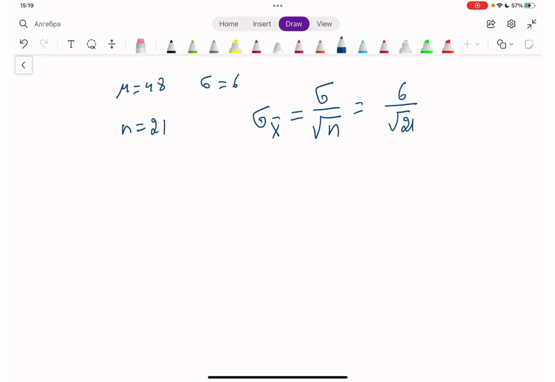Let me see, how much is the square root of 21? It's going to be 4 and something.